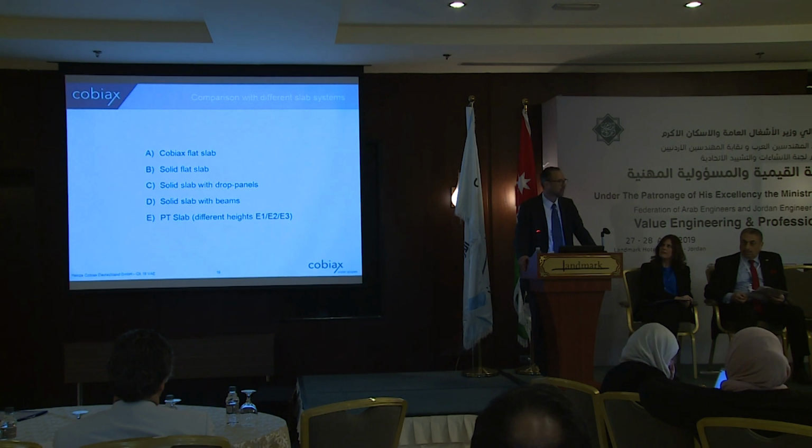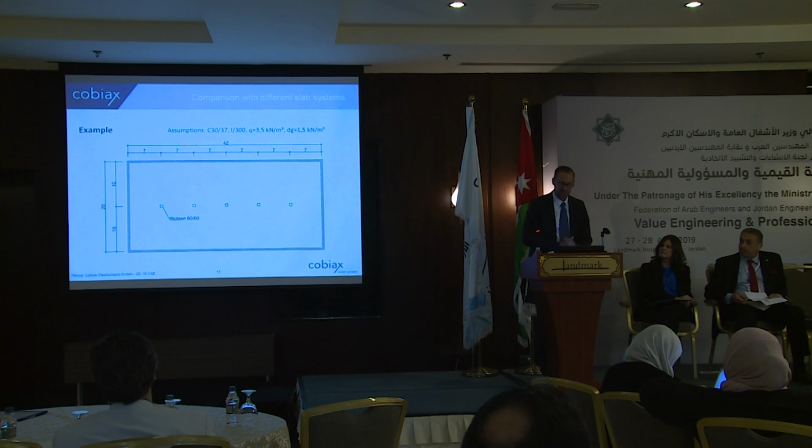D is a solid slab with beams. And E is a PT slab, post-tensioning. There I made different calculations because there's not only one solution, so I compared it with three slab thicknesses of a PT slab.